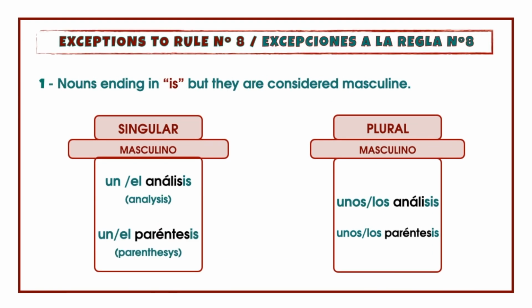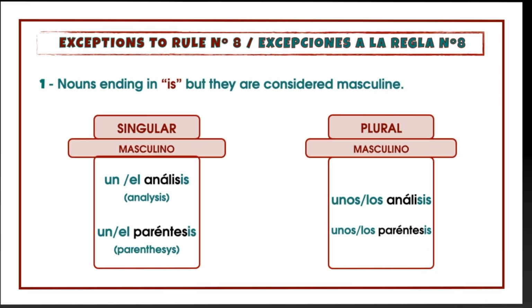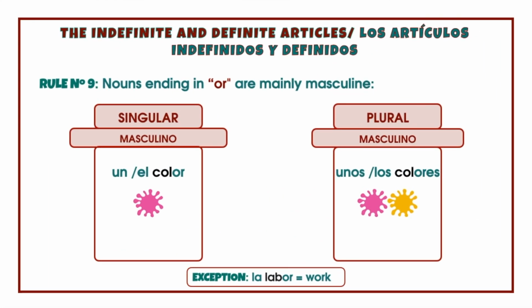We also have exceptions to rule number 8. The first one is nouns ending in is, but they are considered masculine, such as el análisis or el paréntesis. And bear in mind here that análisis and paréntesis, they end in is, and they are considered singular and plural nouns. Rule number 9.